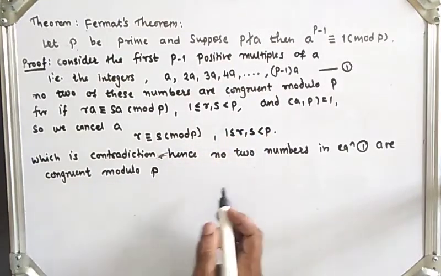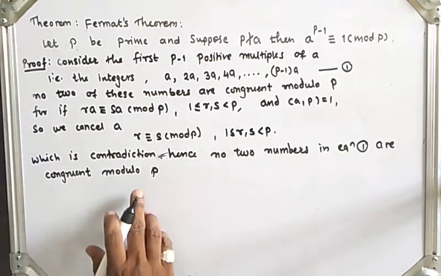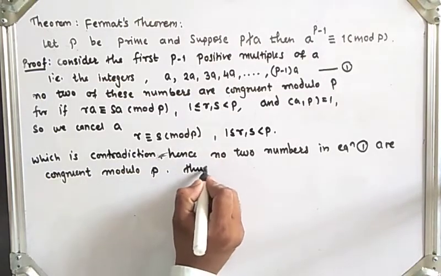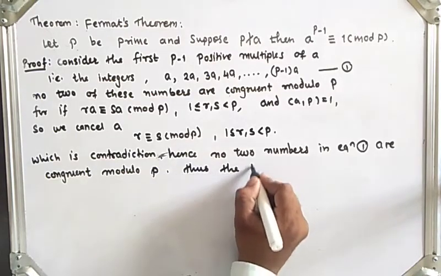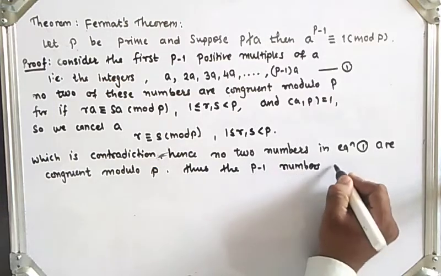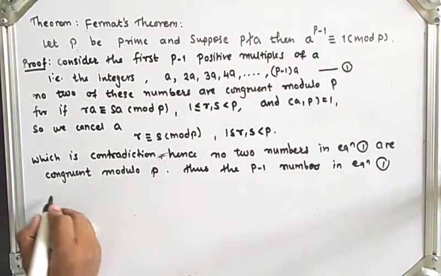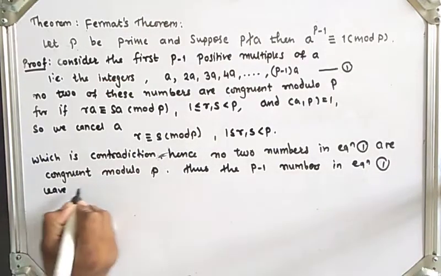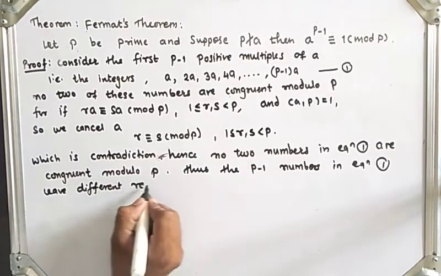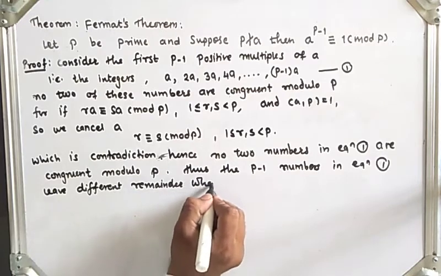Hence this is a contradiction, so no two numbers in equation 1 can be congruent modulo p. Thus the p minus 1 numbers in equation 1 leave different remainders when divided by p.